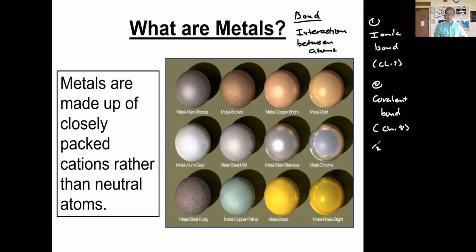And then the third type of bond is the metallic bond, which is also covered in chapter 7. So three types of interactions between atoms, and that's how we will define a bond. A bond is an interaction between atoms, and there are three ways that we know of that atoms interact with each other.